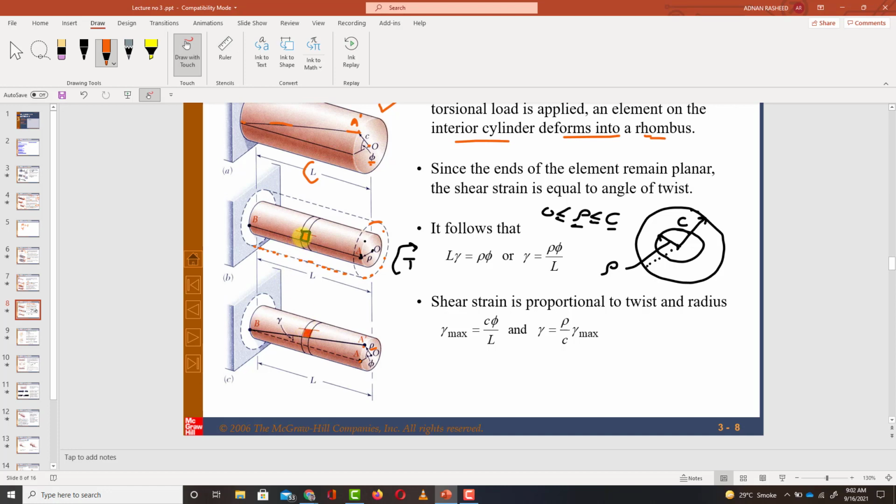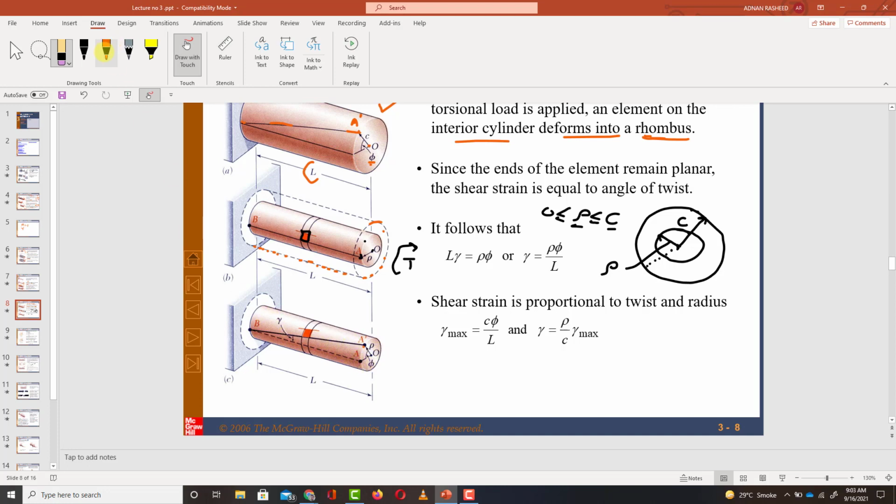Now it is no more square or rectangular, it is deformed into a rhombus shape, and you can see that the angle which line AB makes with the new line A dash B dash is known as gamma, and this gamma is known as shear strain, because we have defined shear strain as change in angle. Do not confuse this shear strain with the angle of twist. This is the angle of twist. Clear? And shear strain is the strain or deformation that is produced in the shaft. Now further we will explain this.